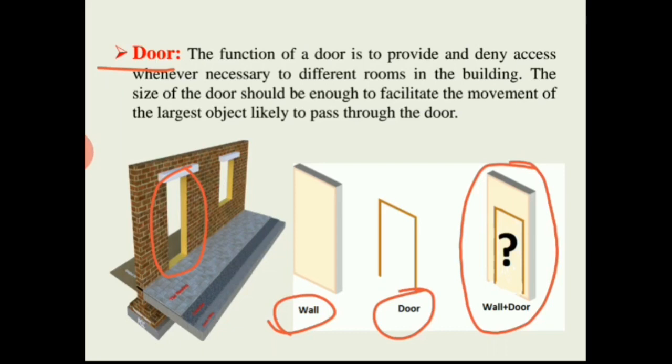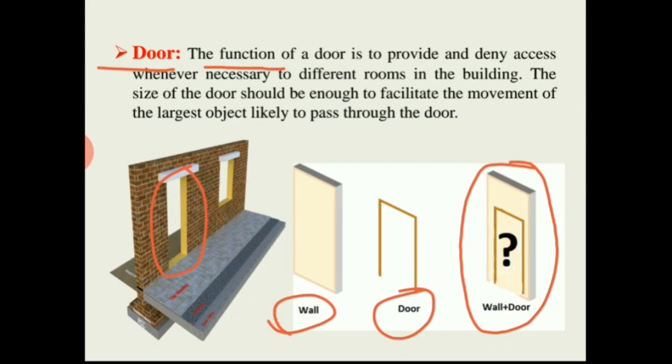The door may be defined as an openable barrier secured in a wall opening. The main function of a door in a building is to serve as a connecting link between internal parts and also to allow free movement to the outside of the building.